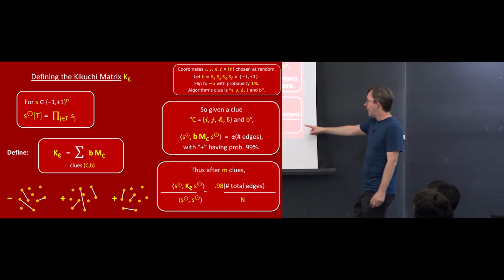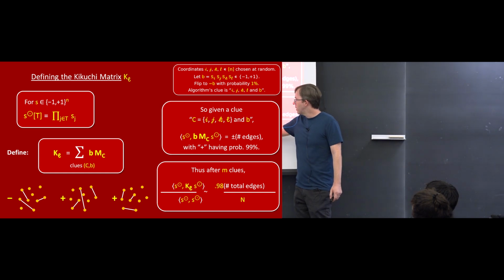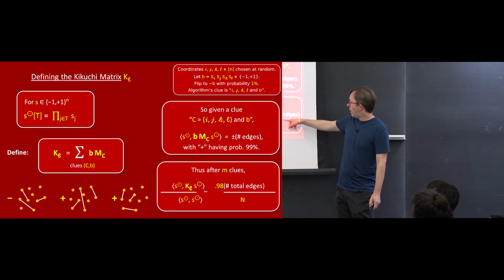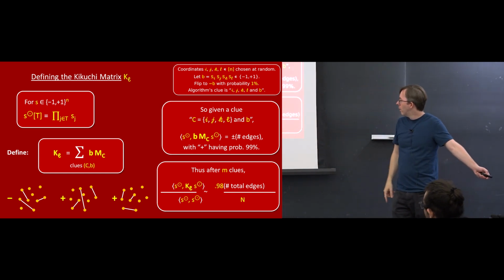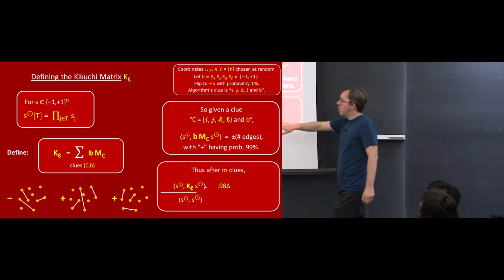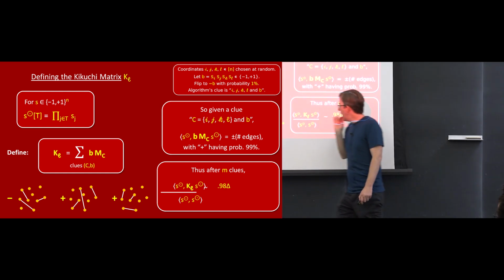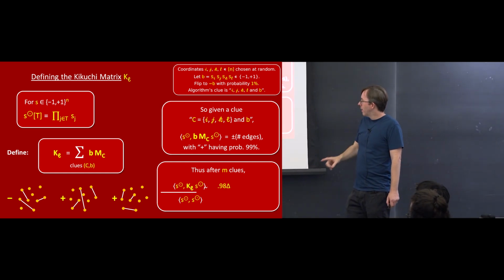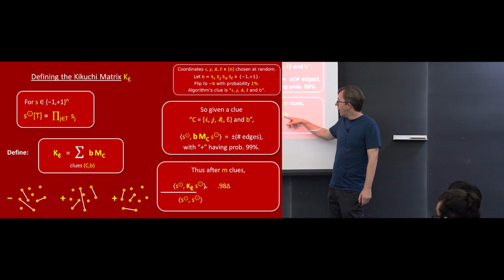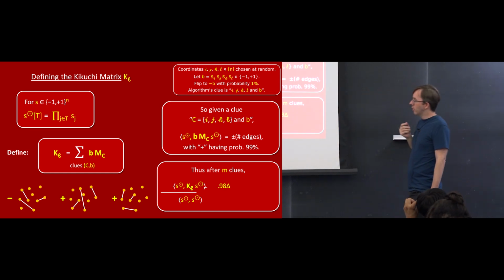I'm just going to divide by capital N, which is also the squared length of S dot, because it has all plus or minus 1 entries. And then this looks like the average degree in the graph. So after m clues, if you superimpose all the partial matching graphs you get, this quadratic form ratio is around 0.98 times the average degree.